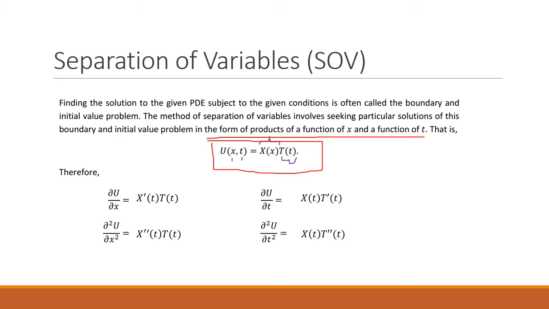So kalau yang ni u kita adalah X(x)T(t), jadi bila kita nak differentiate in terms of x, so kita differentiatekan X ni sahaja, X prime T. So kalau del square u over del x square akan dapat X double prime T. Macam tu jugalah bila kita differentiate in terms of t, X tu kita jadikan dia constant, kita hanya differentiate T sahaja.